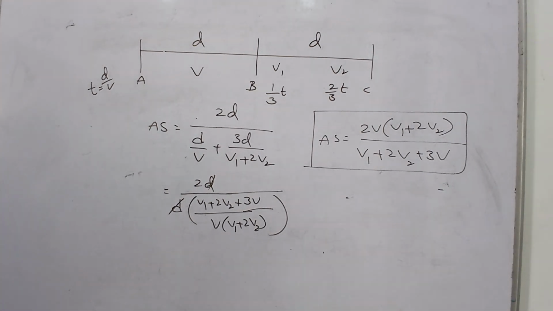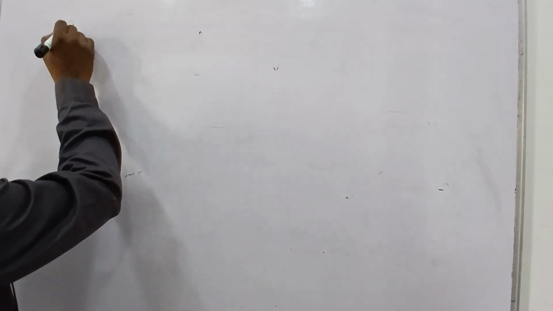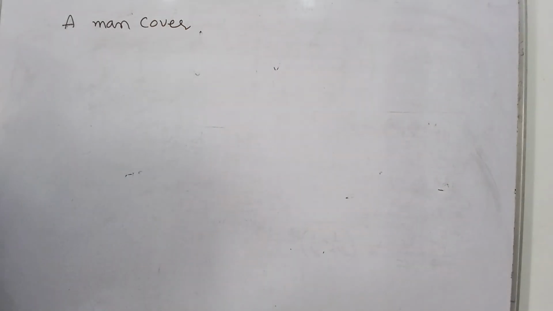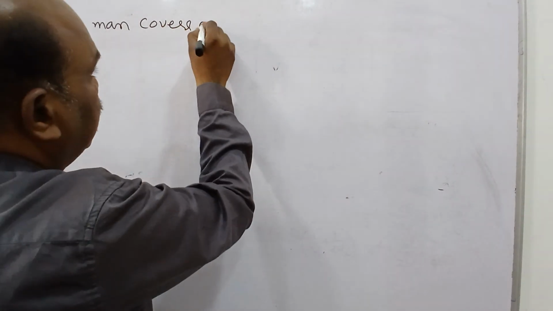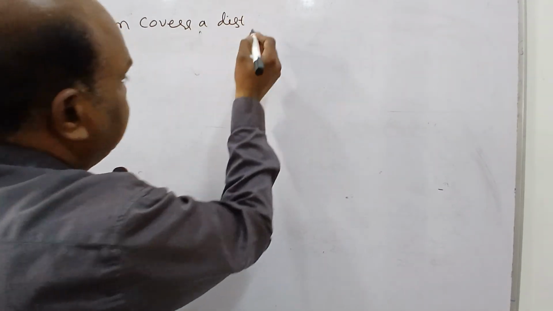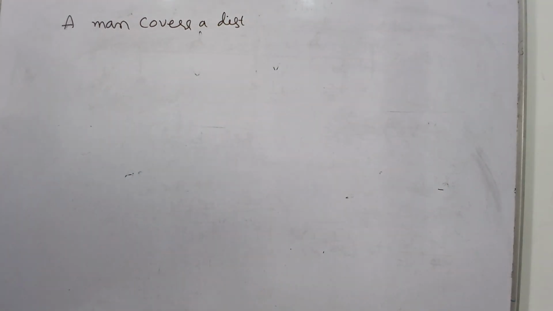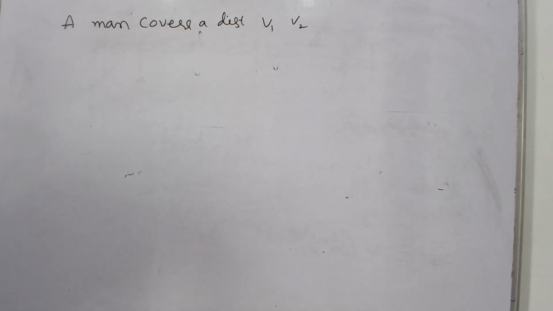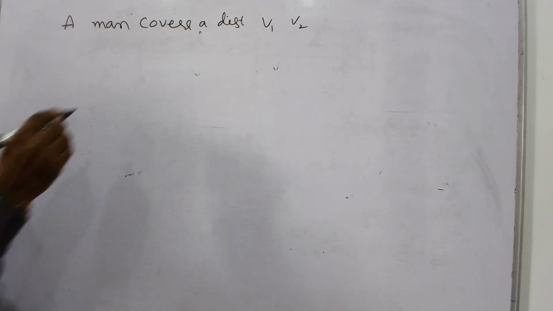Next question, last question. A man covers a distance with a speed of v1 and v2 for two equal intervals of time periods. Find the average speed. Very simple problem, beta. A man covers a distance with a speed v1 and v2 in two equal intervals of time.